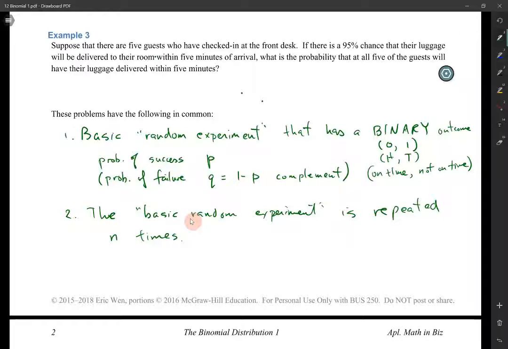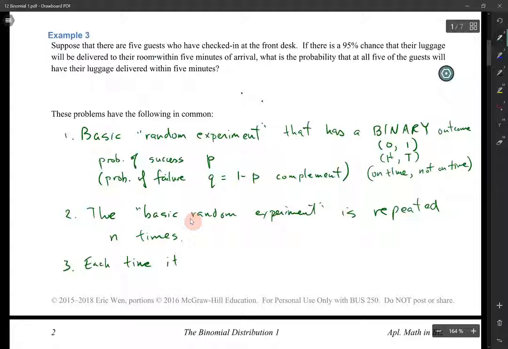Okay, and it's repeated N times, and actually it turns out that each time it is repeated, the repeats are independent.